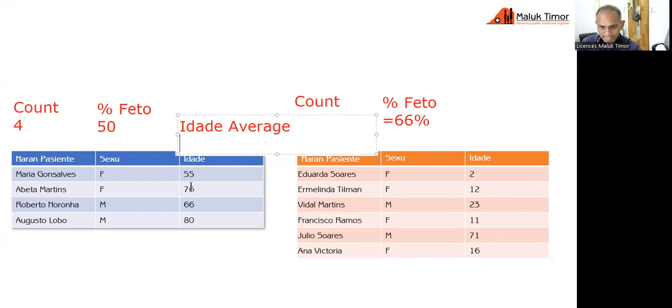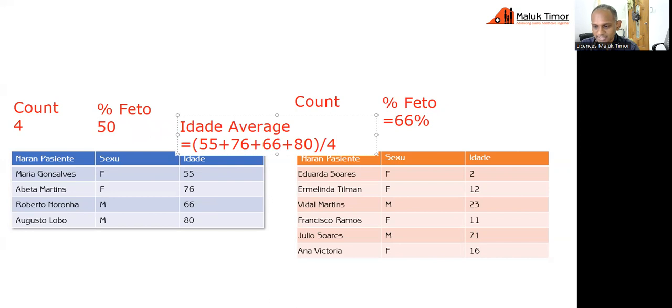All of you know that the average is equal to the number plus the number plus the number plus the number, and then we count how many numbers there are. So the formula over here should be 55 plus 76 plus 66 plus 80, and this whole number divided by the count, 1, 2, 3, 4, which is 4.